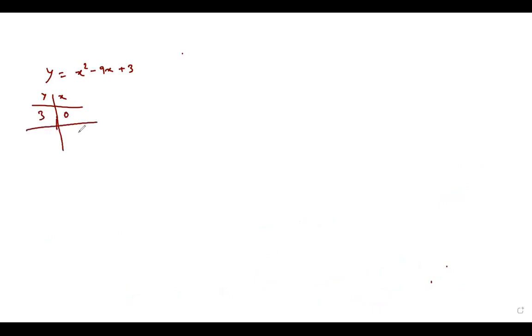Okay, and if we put x equal to 1 or 2 or 3, so 2, this is 4, this is 18, this is 3. Okay, so it will be going down. Okay, so let's draw it.